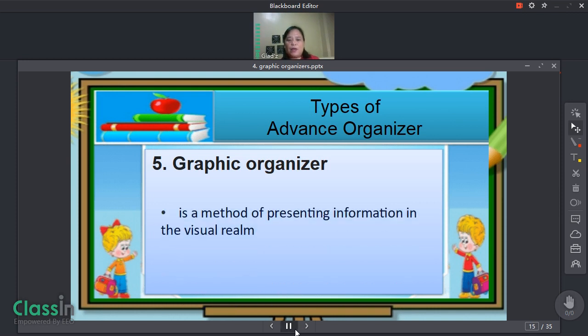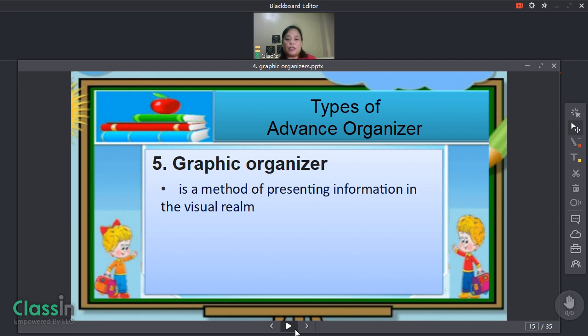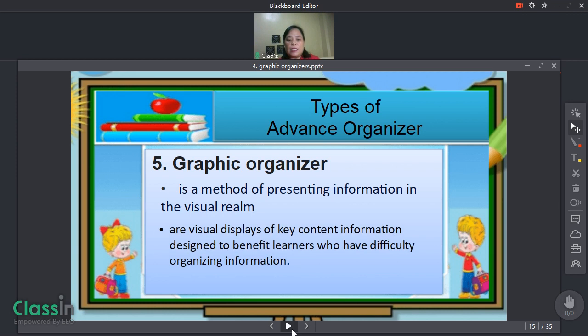Okay, a graphic organizer is a method of presenting information in the visual realm. A visual display of key content information designed to benefit learners who have difficulty organizing information. So, a visual display of key content information.